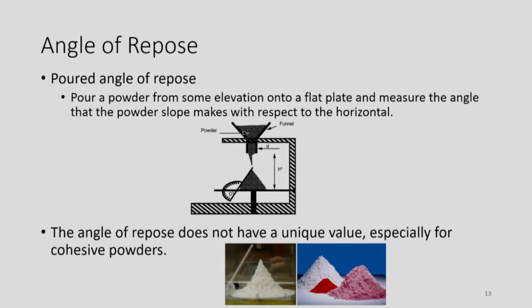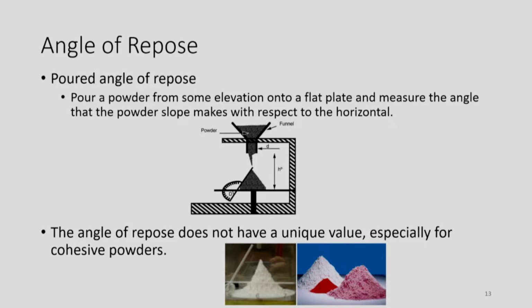As I said, if the powder is of poor flow, then it makes a larger angle or larger pile. But if it's good flowing, then it will be a smaller pile and smaller angle, okay? But as I mentioned in one of the previous lectures, it is very challenging to measure for cohesive powders.